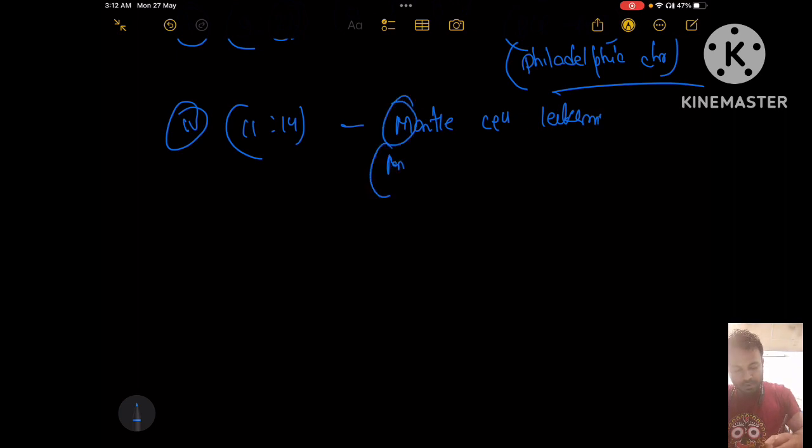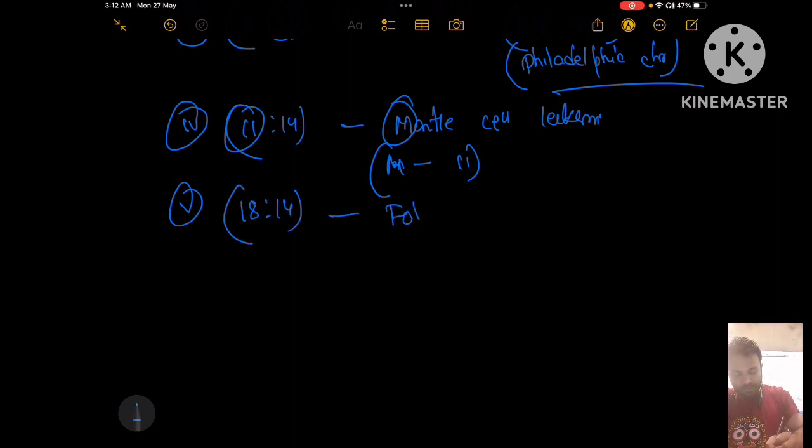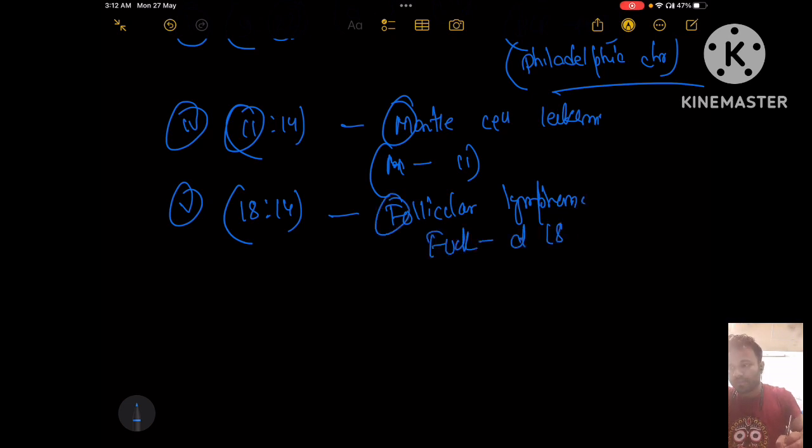M, if we erase these two arms, it looks like 11. So mantle cell lymphoma. Then t(14;18) is follicular lymphoma. How can you remember it? F at 18 years.